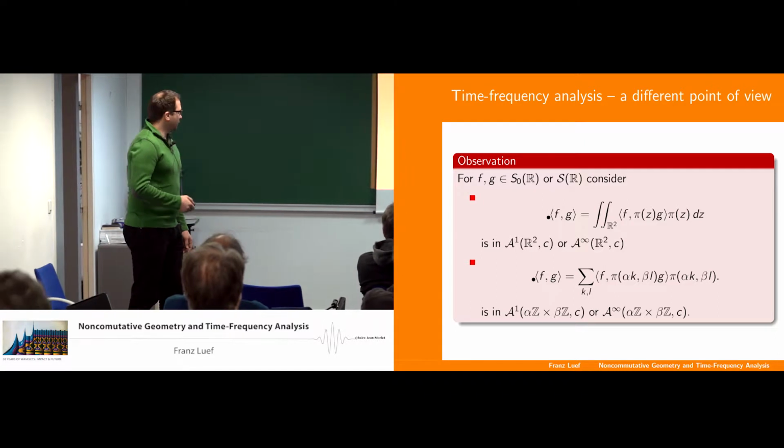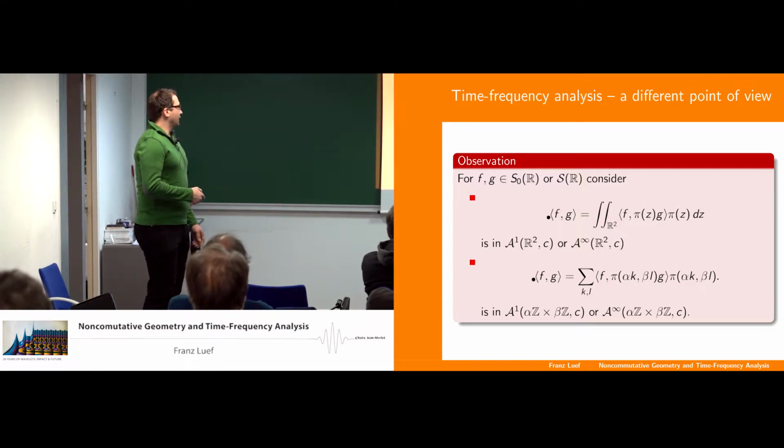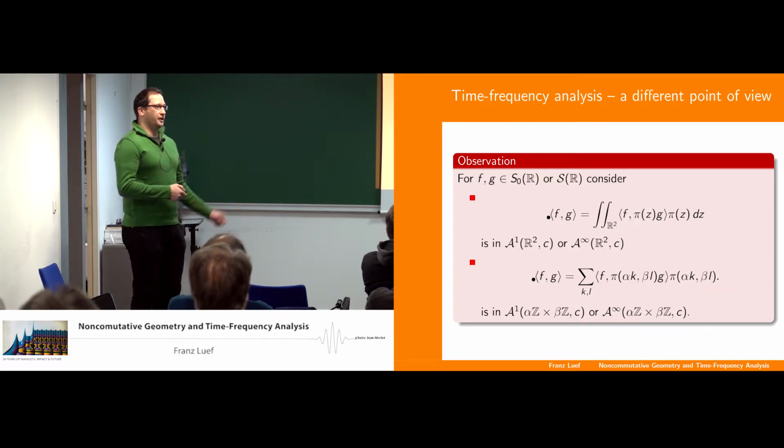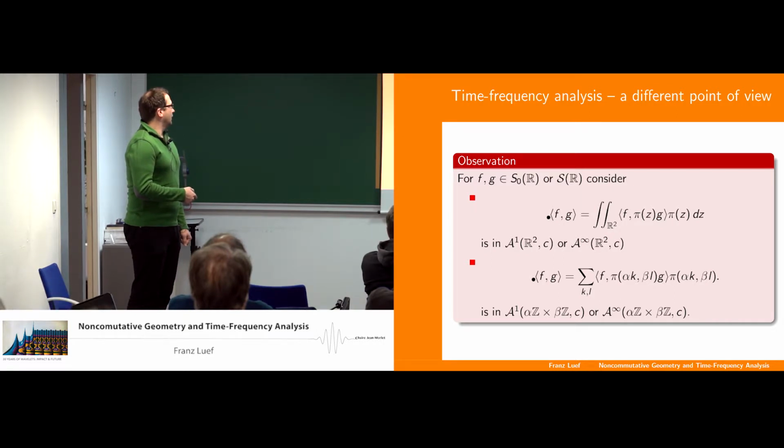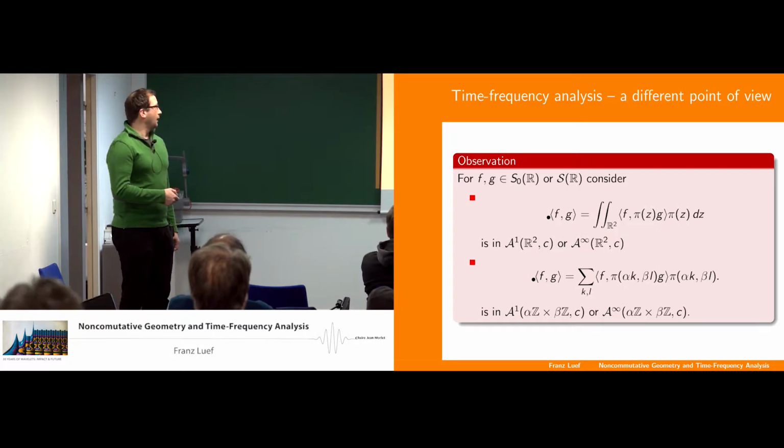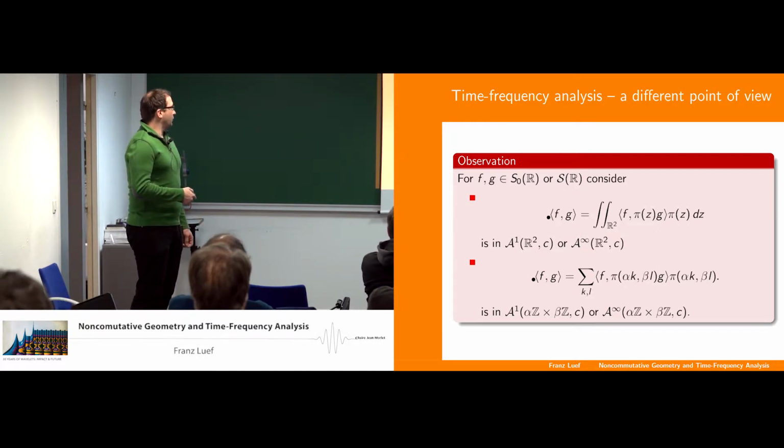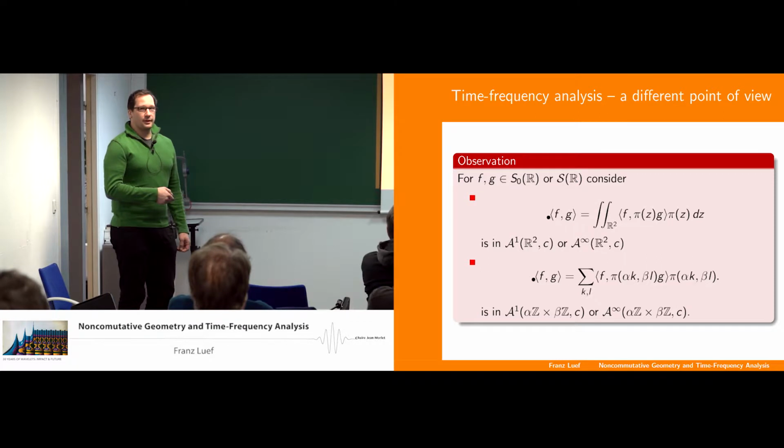And the next crucial thing is that if you take the analysis operation, so you ask for these coefficients, these A's, then you actually end up with a very nice structure. You actually get an inner product, but an inner product with values in these operator algebras that I just introduced.